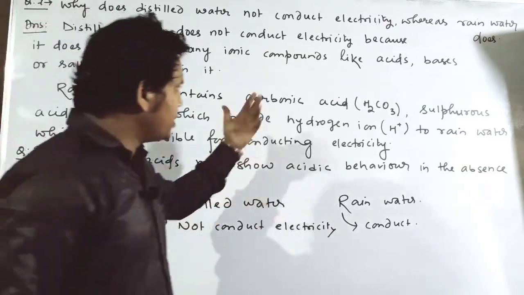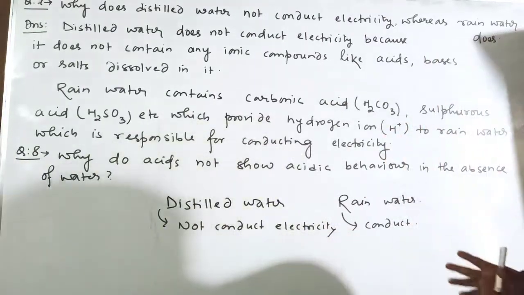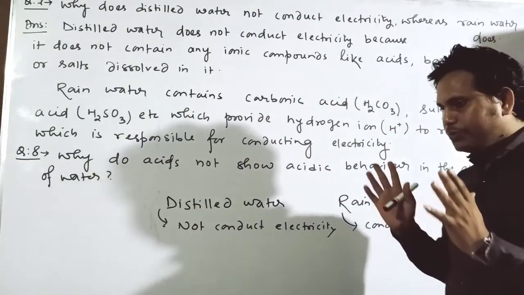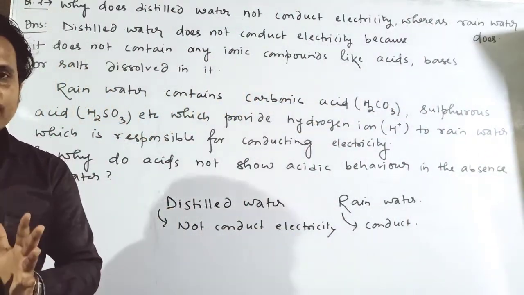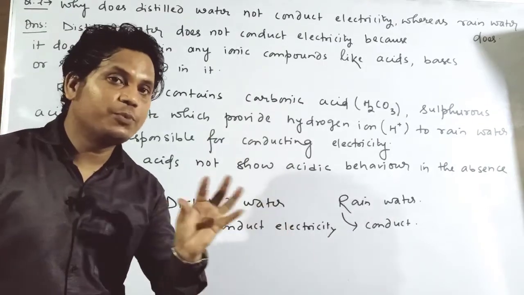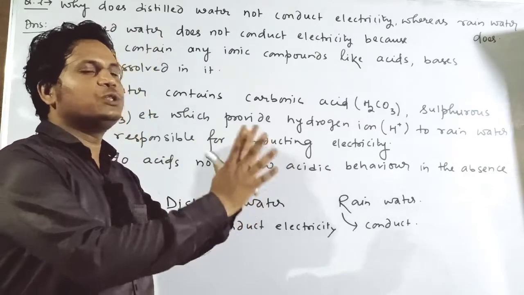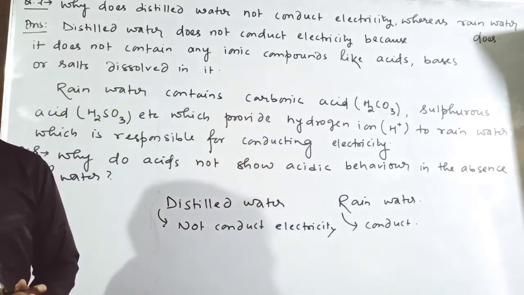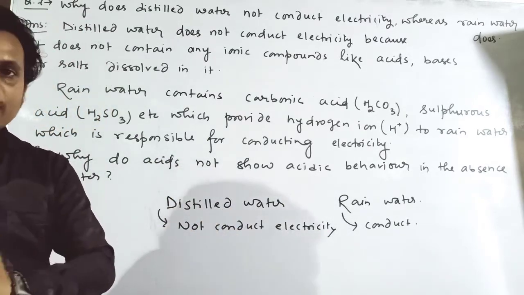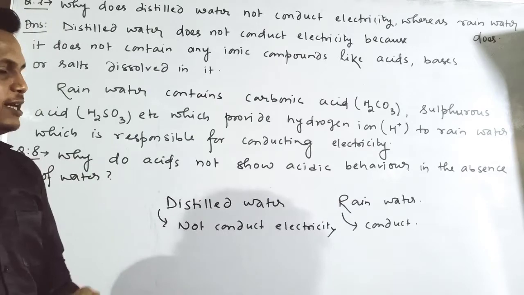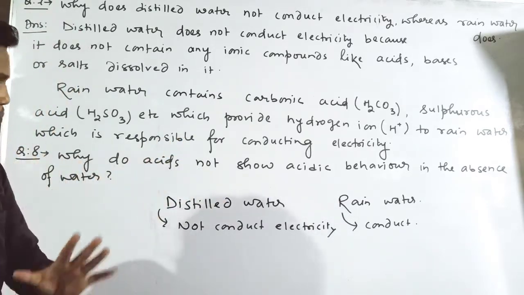Now, in the previous question, one activity was there. In that activity, we found that glucose and alcohol do not conduct electricity. Why? Because they do not produce hydrogen ions in water, although hydrogen was present there. But hydrochloric acid produces hydrogen ions in water, so it is considered an acid, because the bulb glows in the last activity.